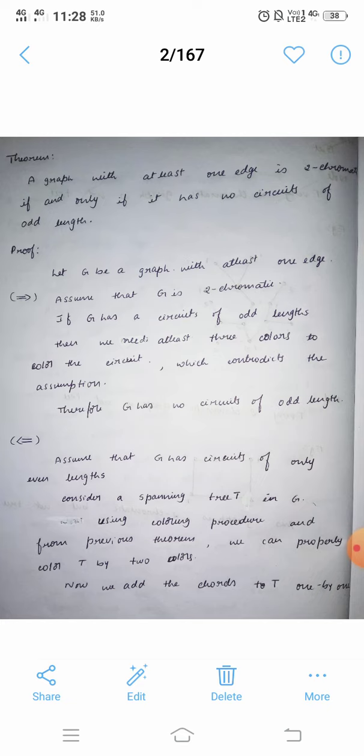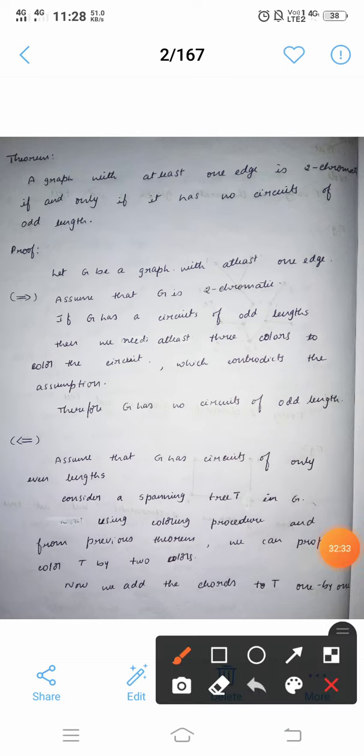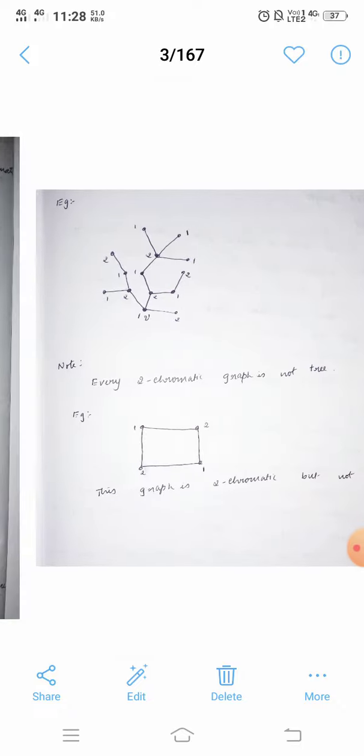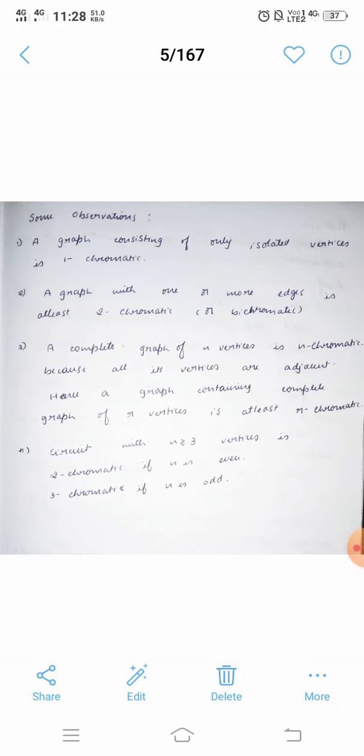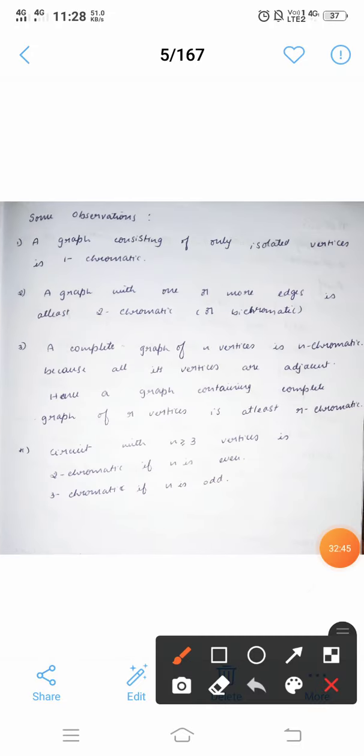Suppose there is a circuit of odd length, what happens then? Then we need at least three colors to color the circuit. Why? See here, in the observation, a circuit with n greater than or equal to 3, if that n is odd, we need at least three colors, that is a three chromatic graph.